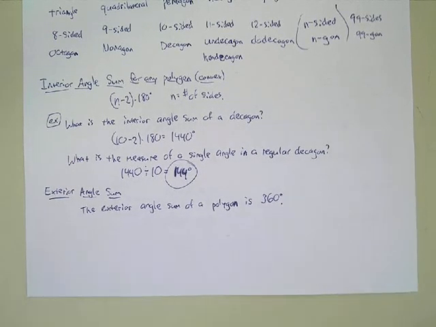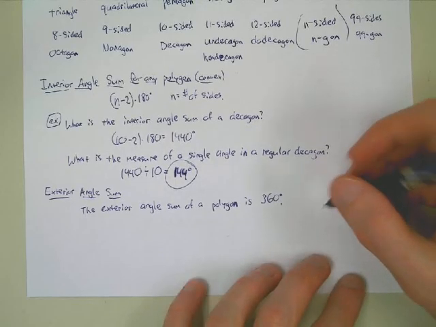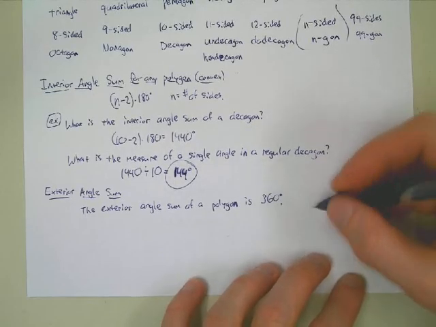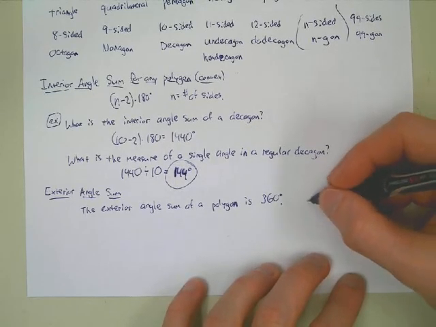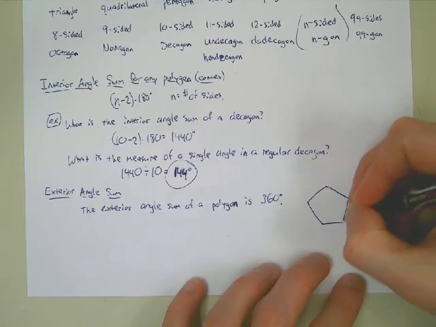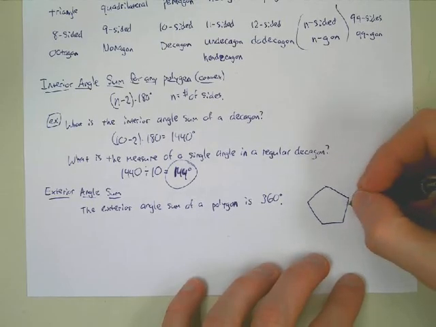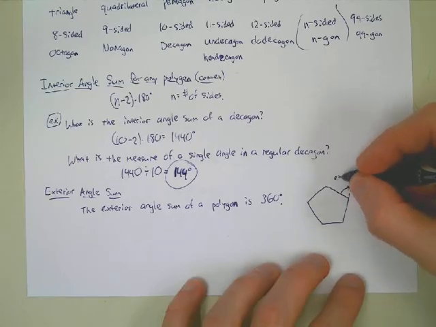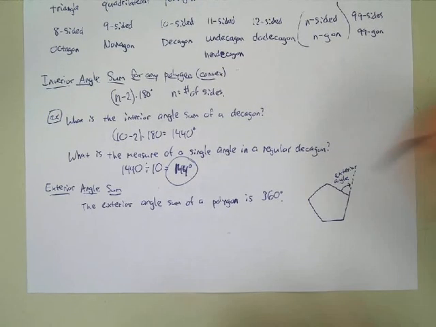Now, remember what I mean by an exterior angle. So, for example, let's just draw a pentagon. An interior angle is like this angle right here. The exterior angle is if I extend a side, then this right here is an exterior angle. Or if I extend this side, there's one right there.